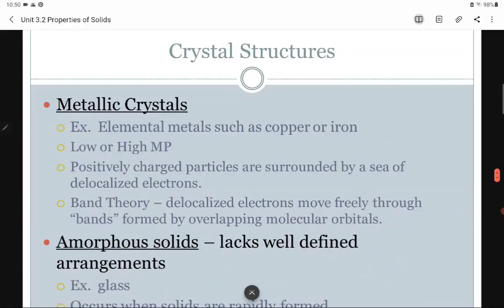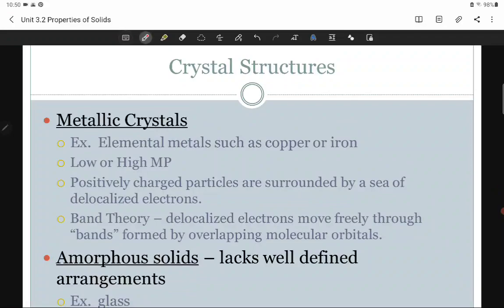There's also metallic crystals, and we talked about metallic crystals earlier with alloys, so we won't get very much into detail today about that. But again, I would say most metallic crystals have high melting points, but they vary for sure.